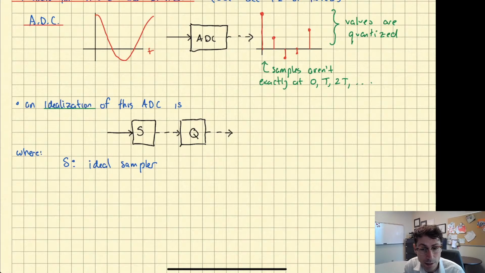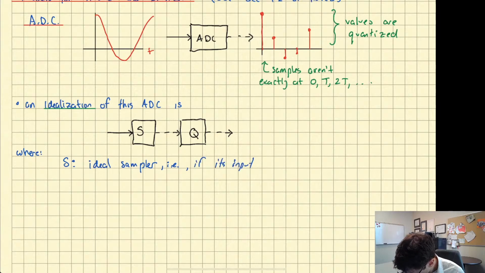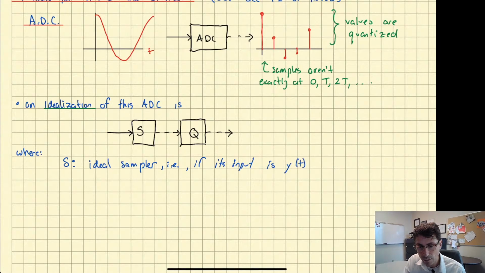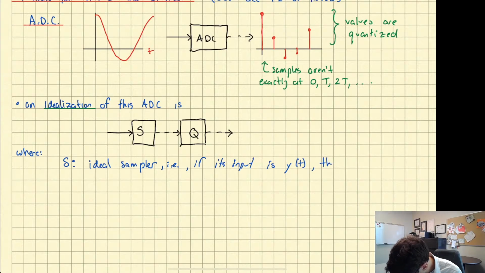What it does is it just samples the incoming continuous time signal exactly at the sampling instants. So if its input is y of t, because remember, we are reading the output of our plant y through a sensor, and that's producing a discrete value, then the output is exactly what you would expect from an ideal sampler.